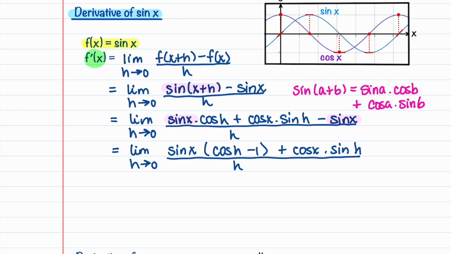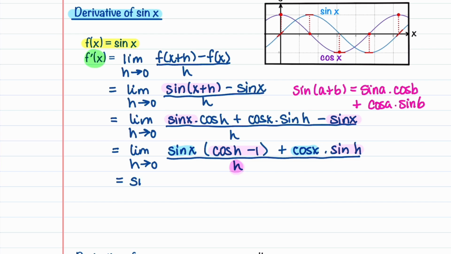Let's now look and see what we have. Notice that we have a cosine h minus 1 divided by h, and then a sine h divided by h. Those are actually two fundamental trigonometric limits, and their value is known. So let's split what we have into two pieces and pull out the sine x and cosine x because they don't have h in them.